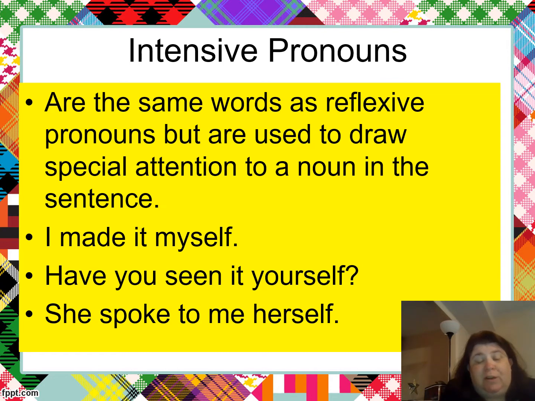So what is herself reflecting back onto? It's going back to she. So just know, in those sentences, the most important thing was being able to identify those pronouns, and that's what's important.